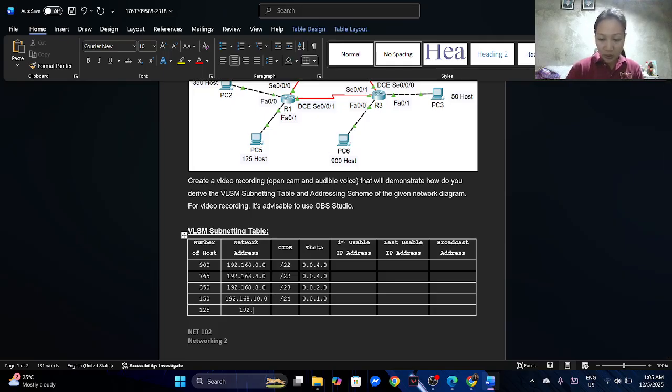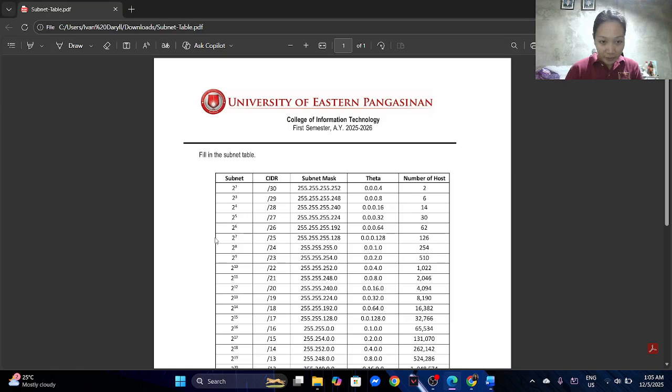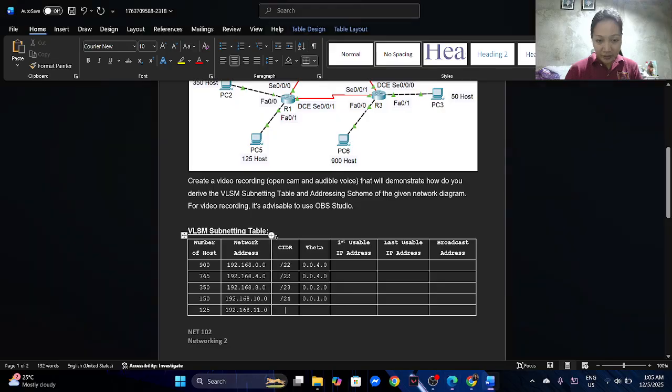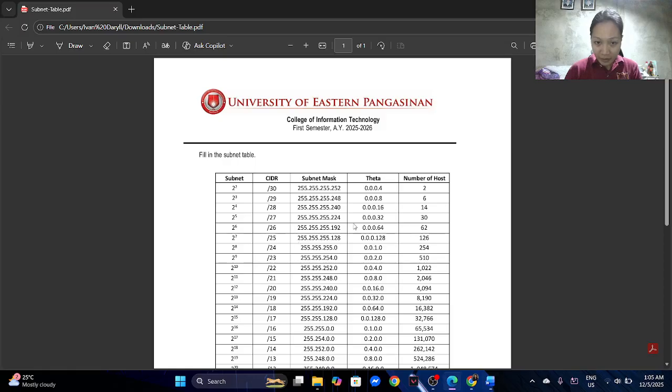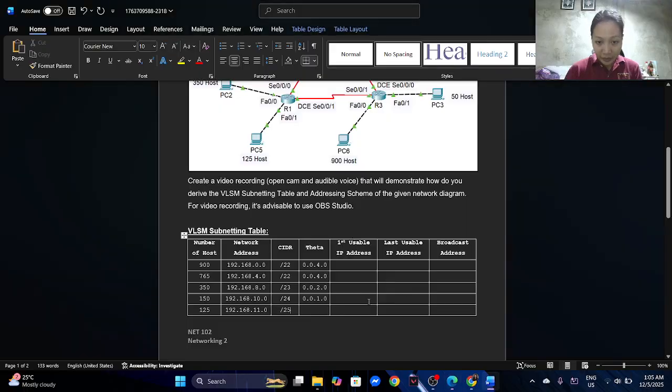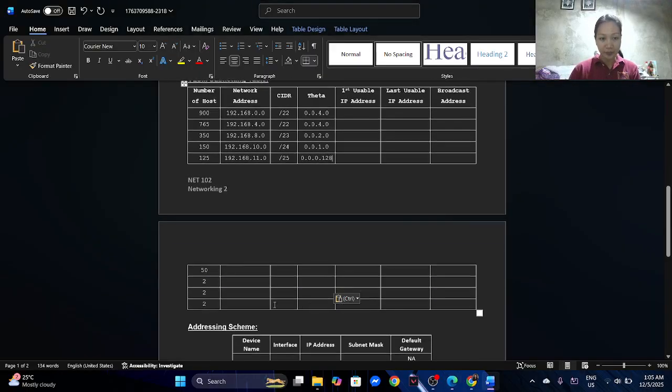125 hosts is 192.168.10 plus 1 is 11.0, CIDR /25, and the theta is 0.0.0.128.